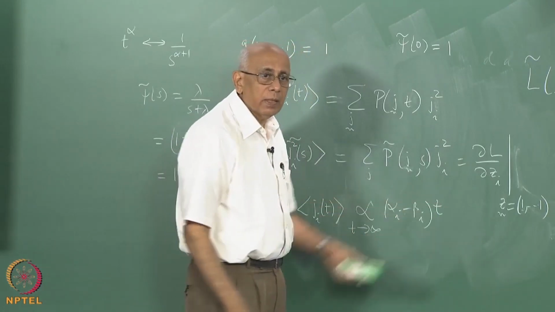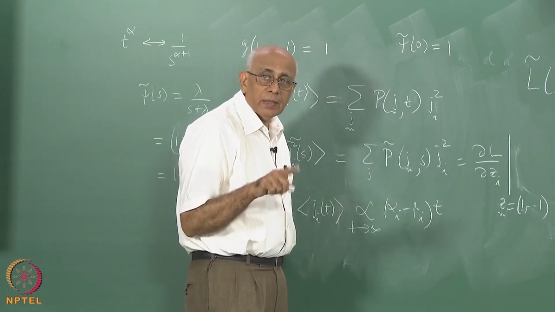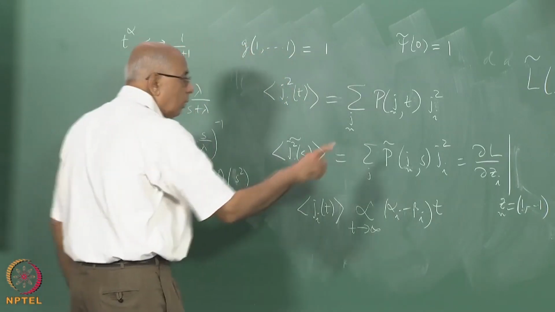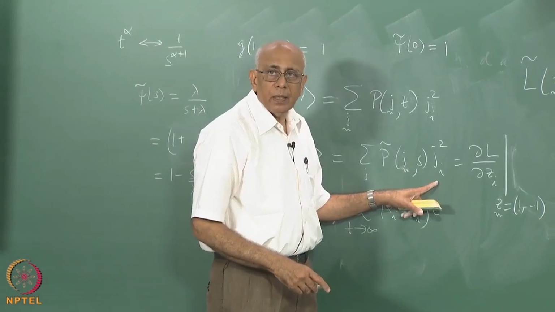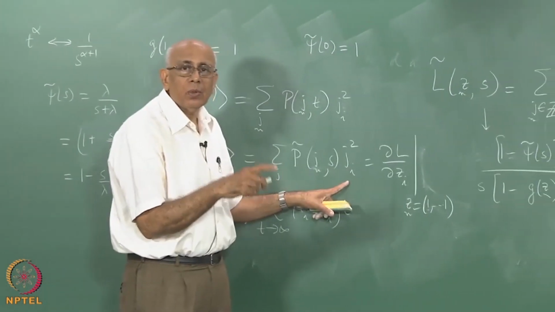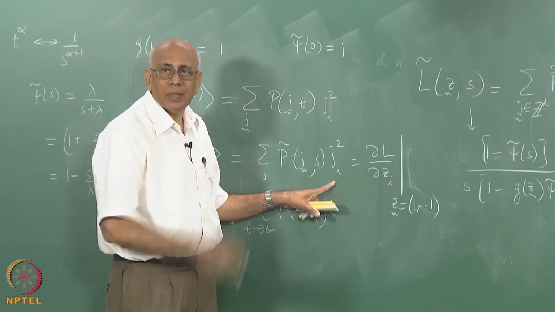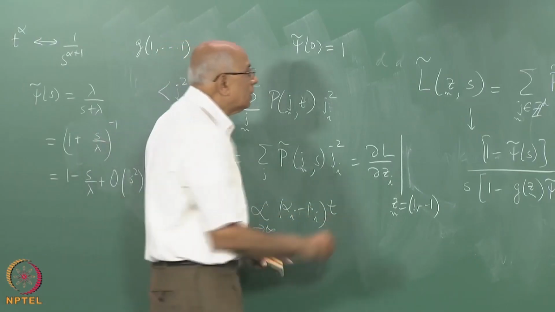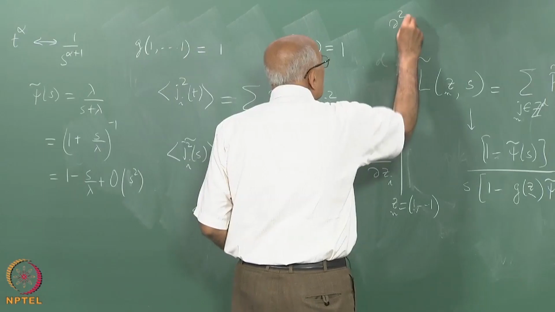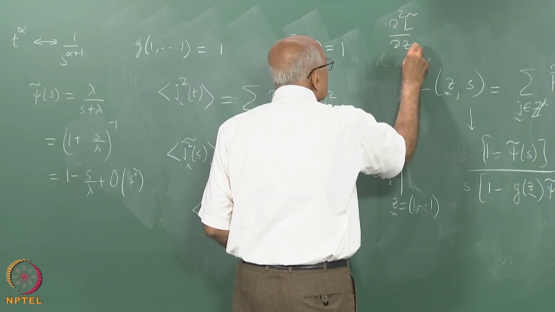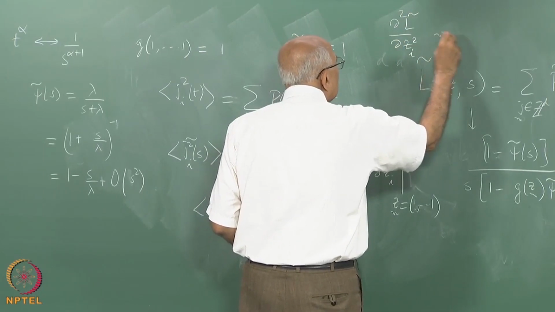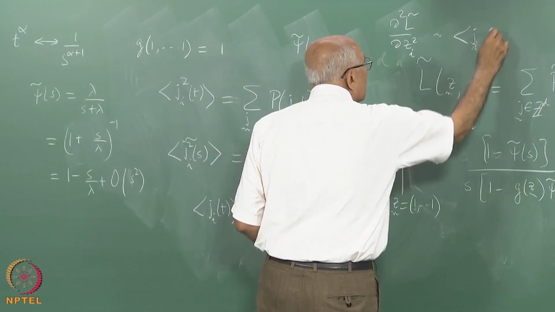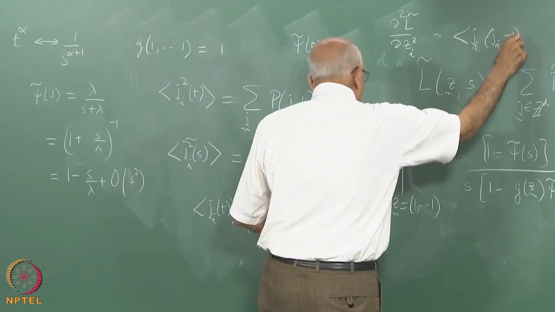You still have this, but now you want twice ji, you want to differentiate, right? What should you do? If you differentiate once, you are going to get a ji. If you differentiate a second time, you are going to get a ji times ji minus 1. So a second derivative, d2 L tilde over d zi squared, is going to give you this moment, ji times ji minus 1.